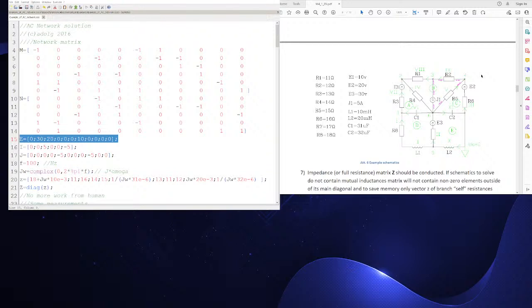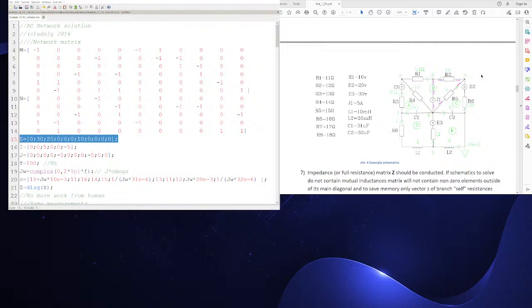But if there are inductances, so if a pair of network branches are coupled magnetically, mutual inductance elements j omega M should be written symmetrically.